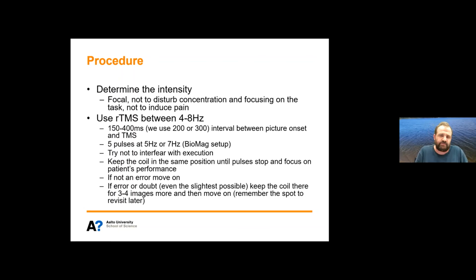Sometime after the pictures, about 300 milliseconds, and this is based on MEG work. And other groups use 0 milliseconds because that is closer to the gold standard way of doing things. However, we are trying to focus on the speech-related functions only.